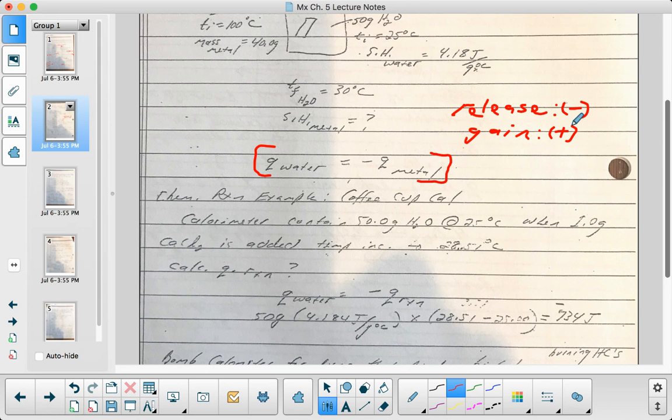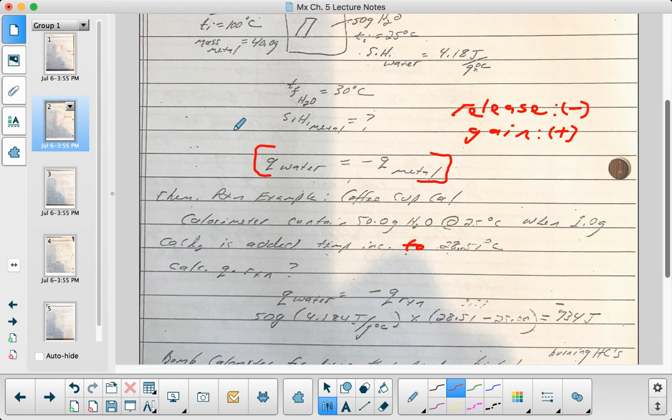All right, so if we wanted to take a look at a chemical reaction that's occurring in a coffee cup calorimeter, if I have a particular calorimeter that contains 50 grams of water at 25 degrees Celsius, when 1 gram of calcium chloride is added and the temperature increases to 28.51 degrees Celsius, then calculate the Q of the reaction.